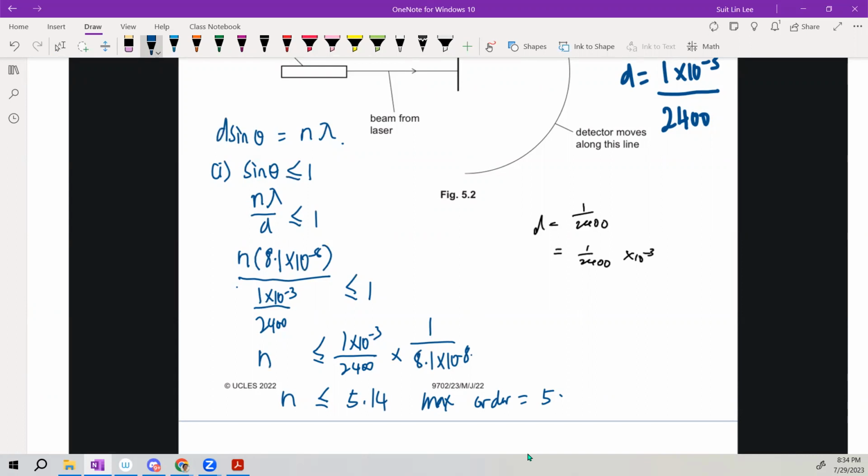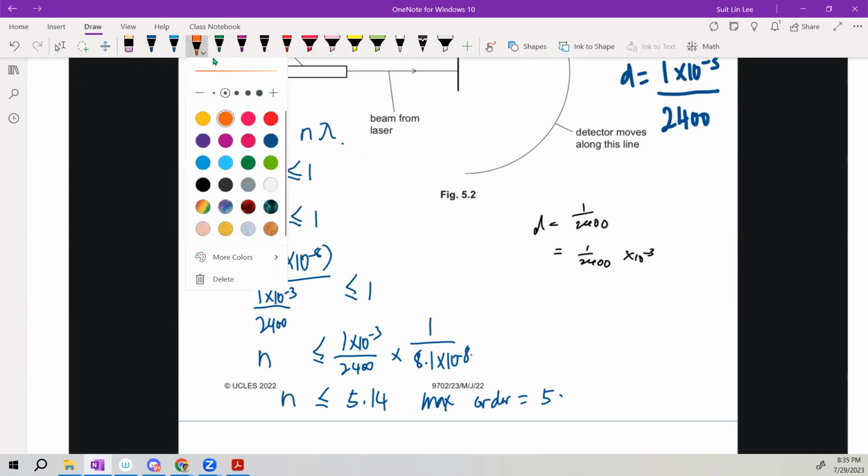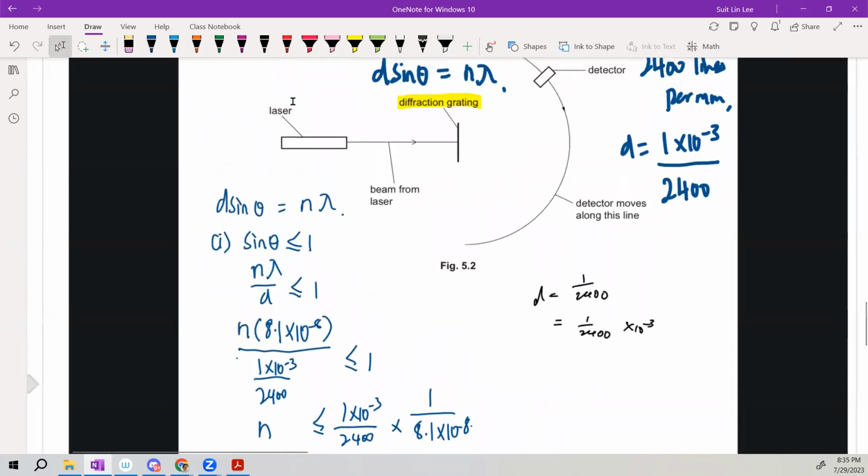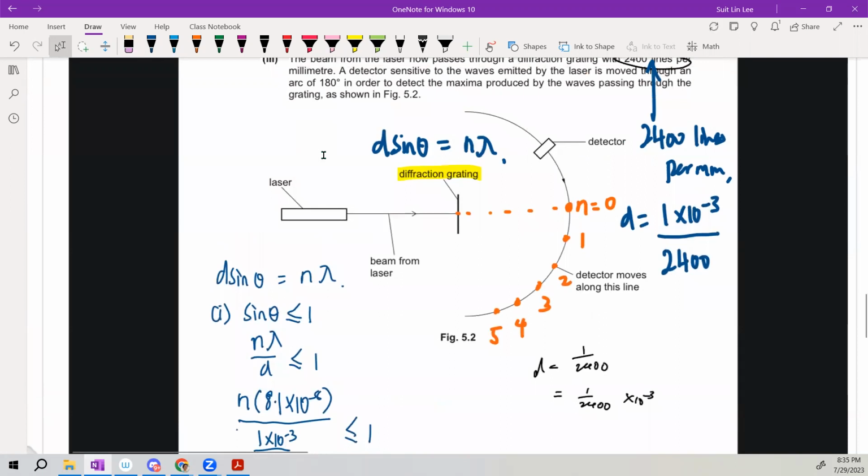So now I'm going to draw the order. Let's say I take orange to show the order. We're going to start from here. This is 0, this one is n equals 0. So n equals 1, n equals 2, n equals 3, n equals 4, n equals 5. Then here you have n equals 1, n equals 2, n equals 3, n equals 4, n equals 5.